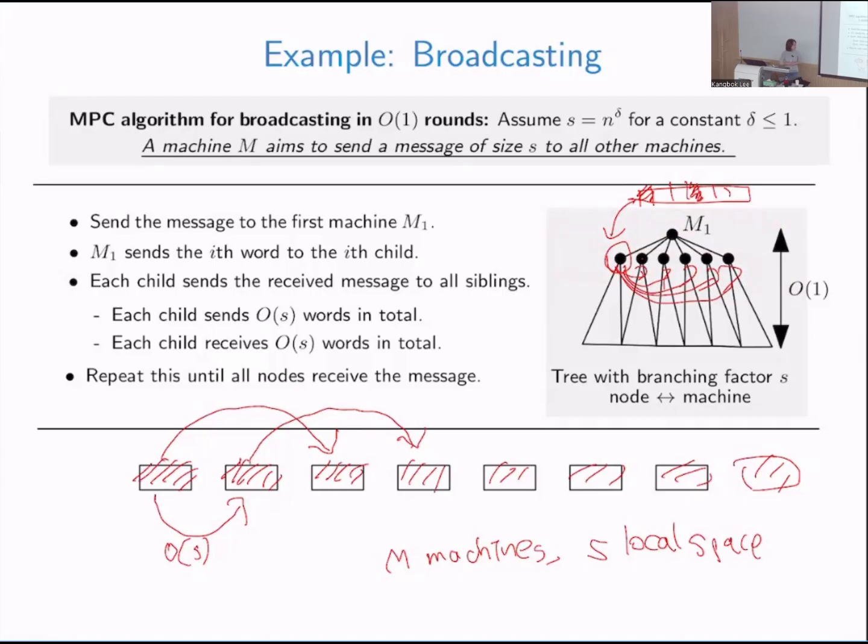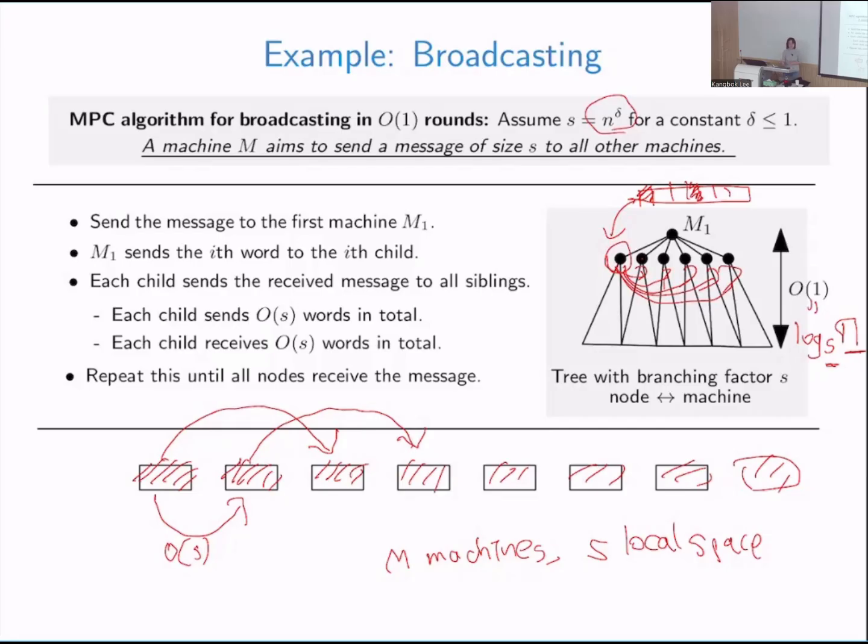Can you explain why the height is constant? The height is log base S of n. S is the branching factor, and n is the number of machines. And S is n to the delta by our assumption.